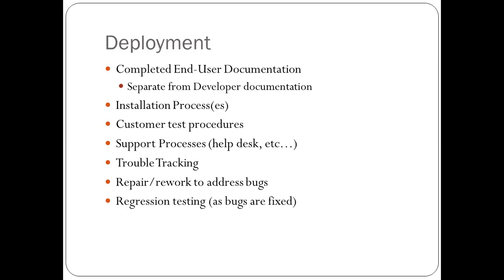Okay, so before deployment, we will take care of this. So along with the software, there must be proper documentation separate from developer documentation. So there are two types of documentation. One is the documentation from the developer side, and another purely for the end user.